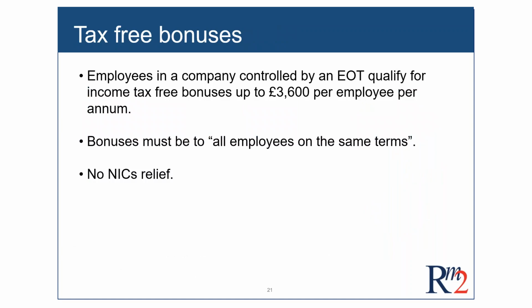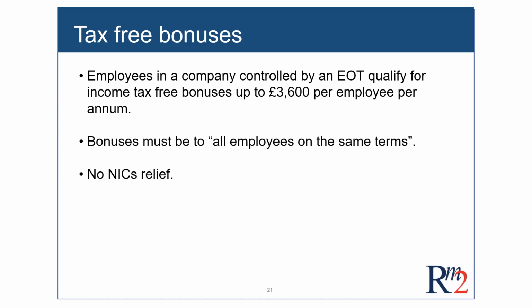So just to highlight tax-free bonuses: the company which has got a compliant EOT ownership is able to pay tax-free bonuses up to £3,600 per employee per annum. That limit comes into play immediately the transaction takes place.